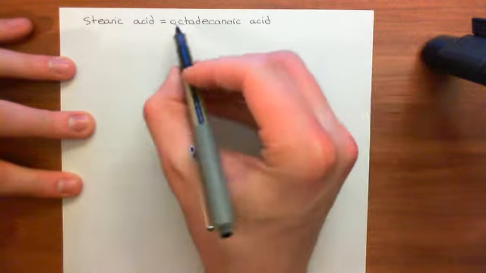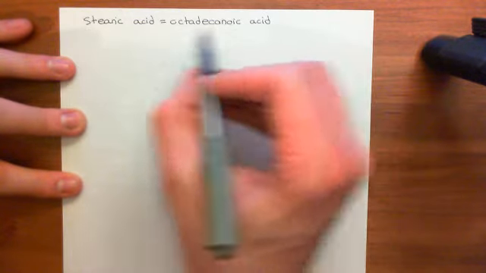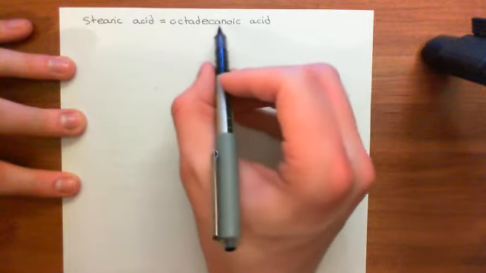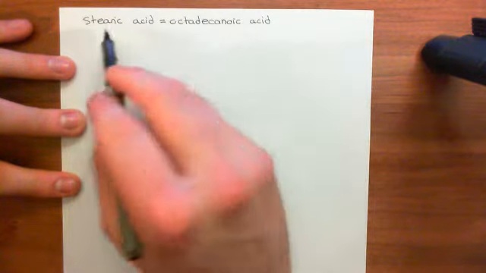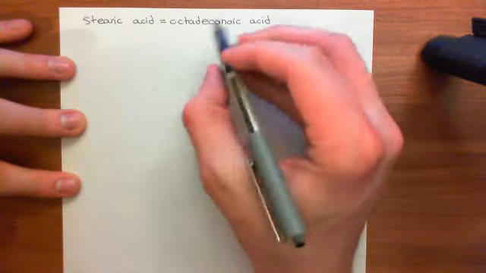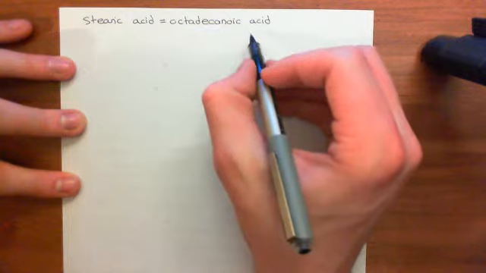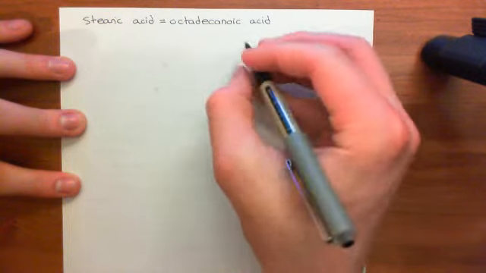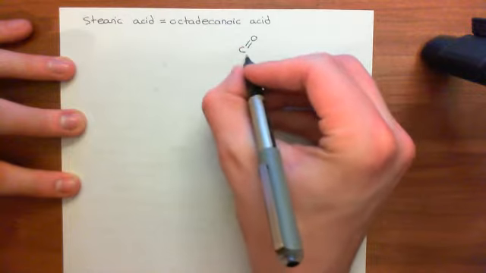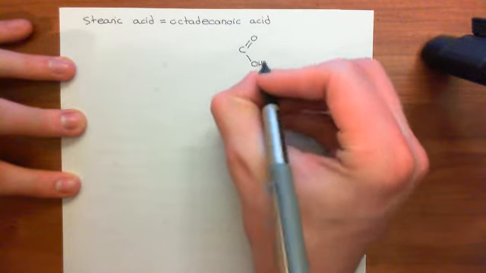Although octadecanoic acid is a bit more of a mouthful than stearic acid, it's a more useful name because it tells us exactly what we're dealing with, whereas stearic acid doesn't tell you anything about the structure. Octadecanoic acid tells us that we are dealing with an 18-carbon carboxylic acid. So let me draw this here. I'll start off with the carboxylic acid head.